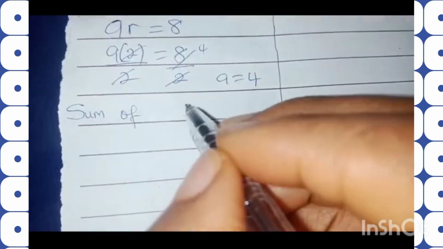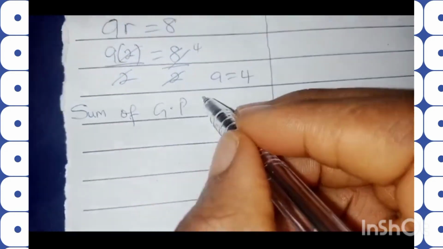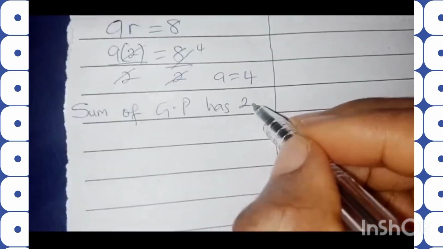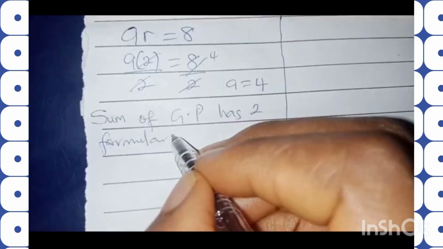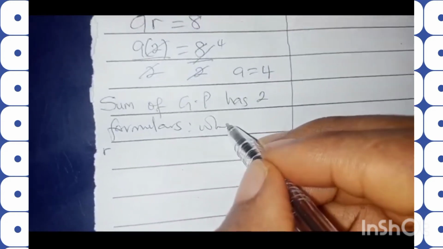Now the main question for today, we are asked to find the sum of the geometric progression. The sum of the geometric progression has two formulas, so you need to take note of that. The first formula is when the common ratio is less than 1, and the second one is when the common ratio is greater than 1.